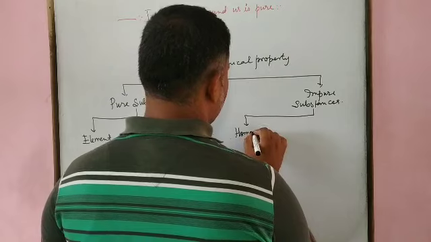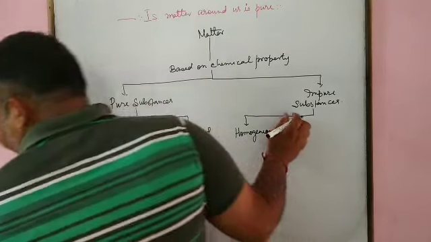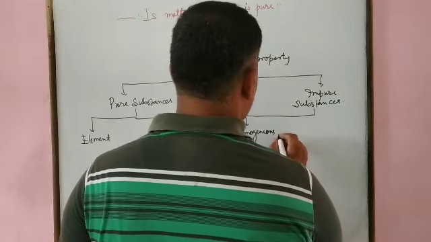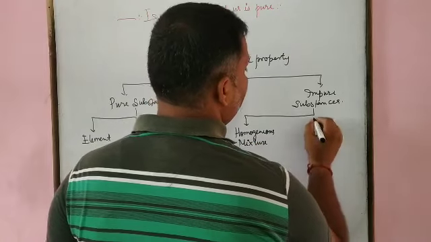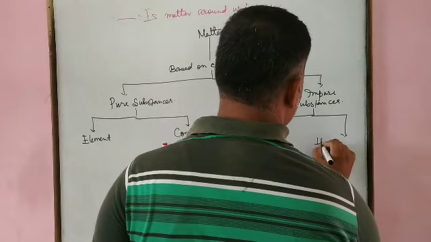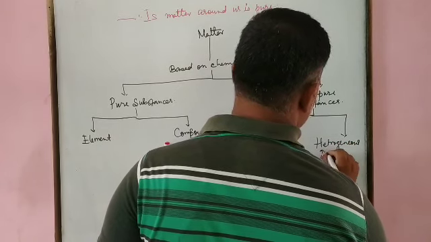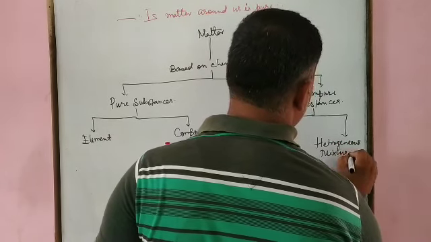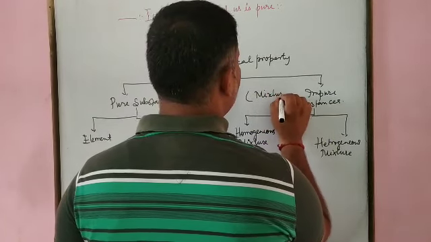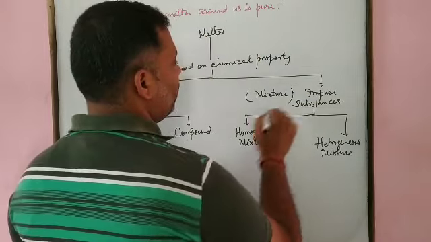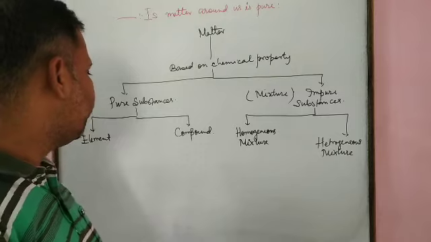Homogeneous mixtures and the next one is heterogeneous mixtures. Impure substances are also termed as mixtures. Let us discuss them, then after that we will discuss one by one.